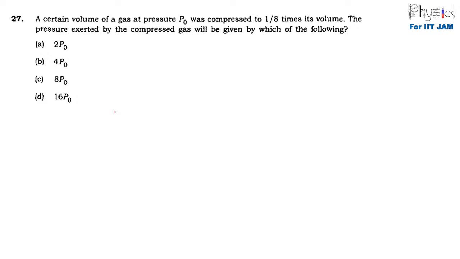Option A 2P0, option B 4P0, option C 8P0, option D 16P0. So tell me which is our correct answer for this question. Is it 2P0, 4P0, 8P0 or 16P0?